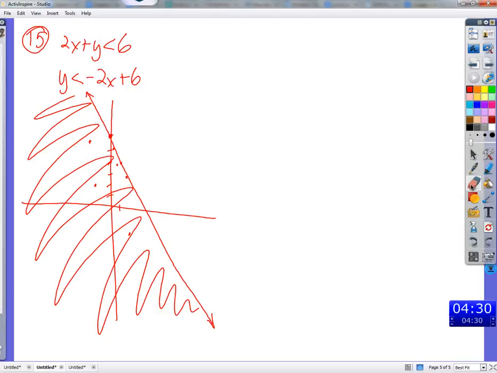Okay. So a dotted line still shows us where the line is. It gives us that boundary, but it also signifies that there's an emptiness to this line. You can't have points on this line because it would make this inequality false.